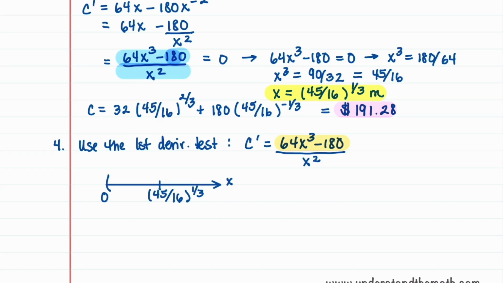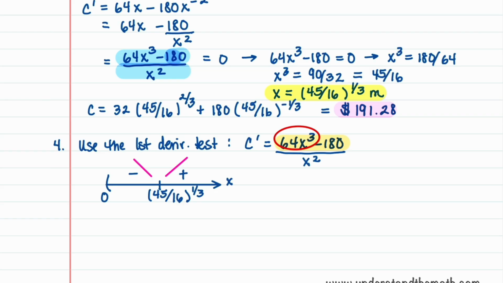So to the right of that critical point, we're really just concerned about our leading term, which is x cubed, and it is positive. So we know that c prime is going to be positive in this region, and then it's going to be negative in that region. This means that our function, which is our cost function, is going to be decreasing in this region and increasing in this region. And we can see that we then have a min at x is equal to our critical point.